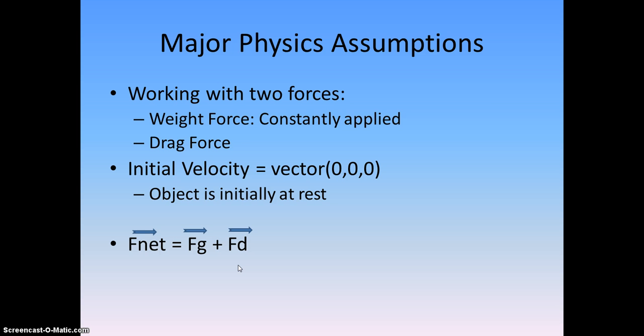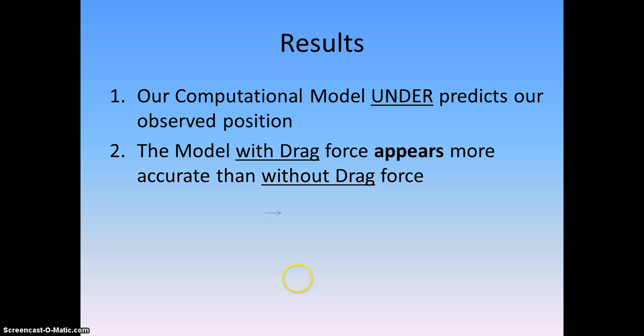In our final models, we're going to show some comparisons with why this is important. To go over our results, our computational model actually under predicts our observed position, and our model that includes drag force appears to be more accurate than the one without drag force. That's going to be very important, and we'll explain why later in the video.